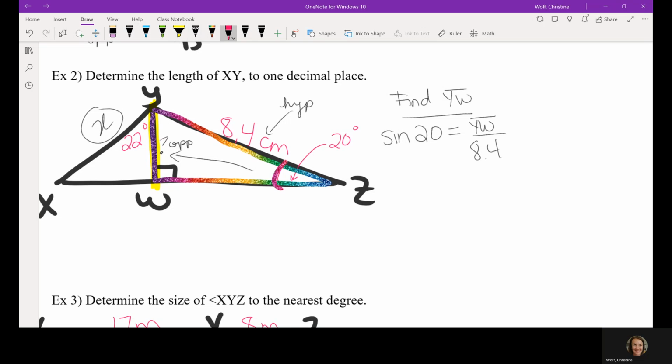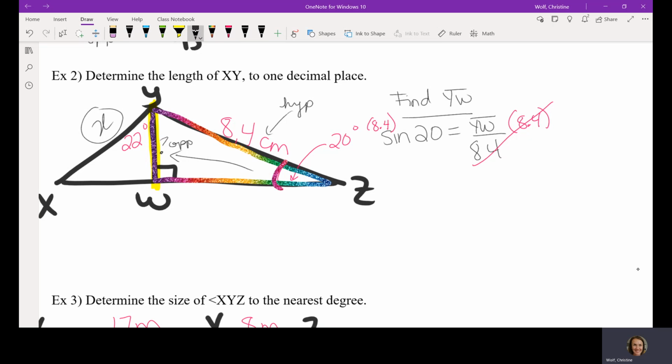Now, I have to multiply each side by 8.4 to cancel those out and make that YW isolated. But then I also have to multiply this side by 8.4 as well. So on your calculator, you just go sine of 20, you figure out what that decimal is, and then you multiply it by 8.4. No shift, no sine here.